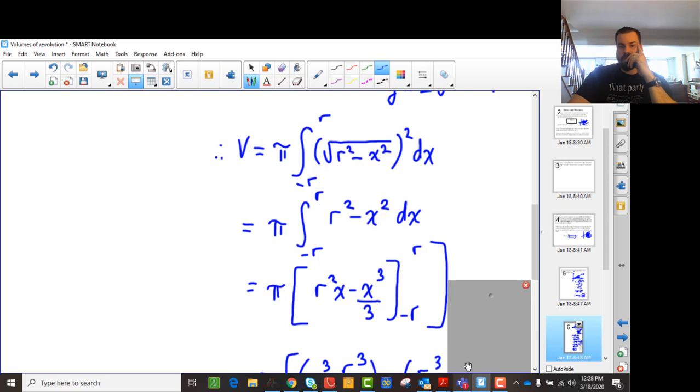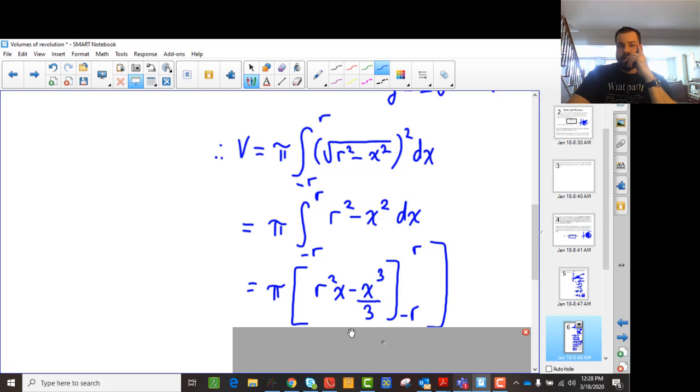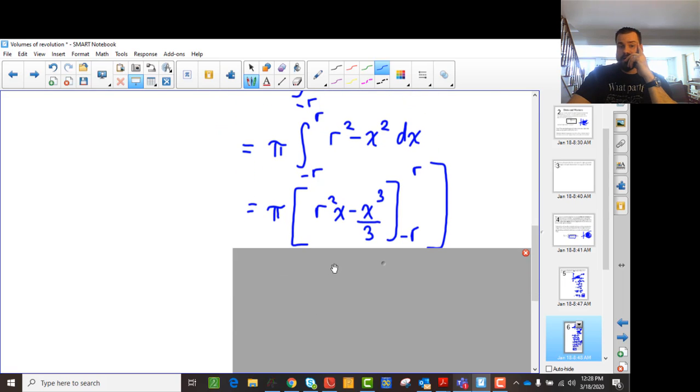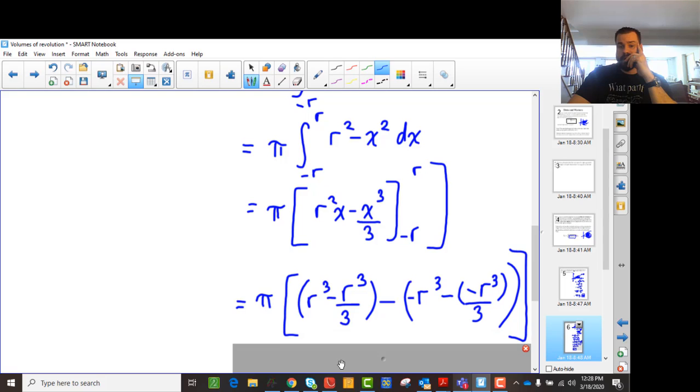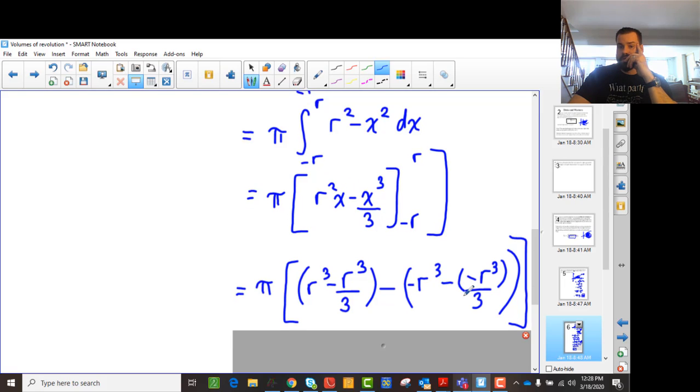So I get this, and I'm going from minus r to r. Okay. Now I plug in r, and then I plug in minus r, and I get this. I get r cubed, because it's r squared times r, minus r cubed over 3. And then minus r cubed, because this is minus r now, and then minus r cubed over 3.